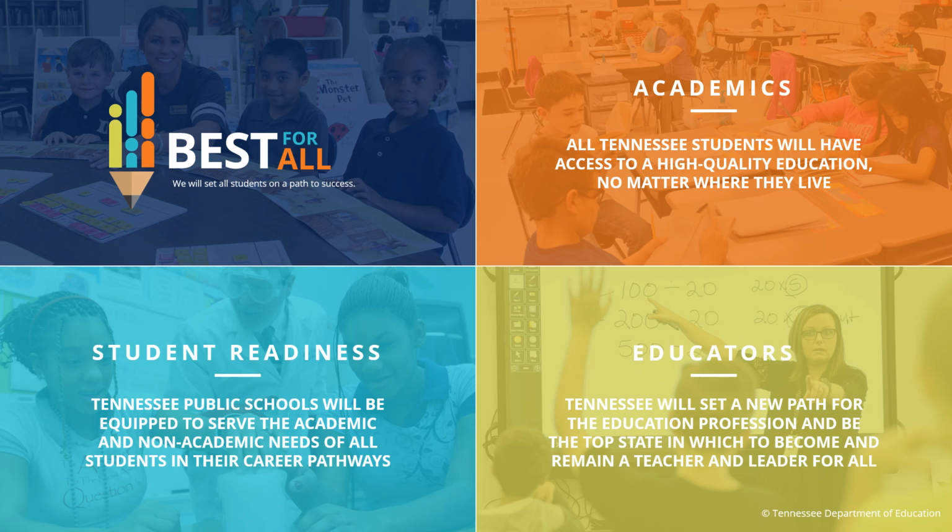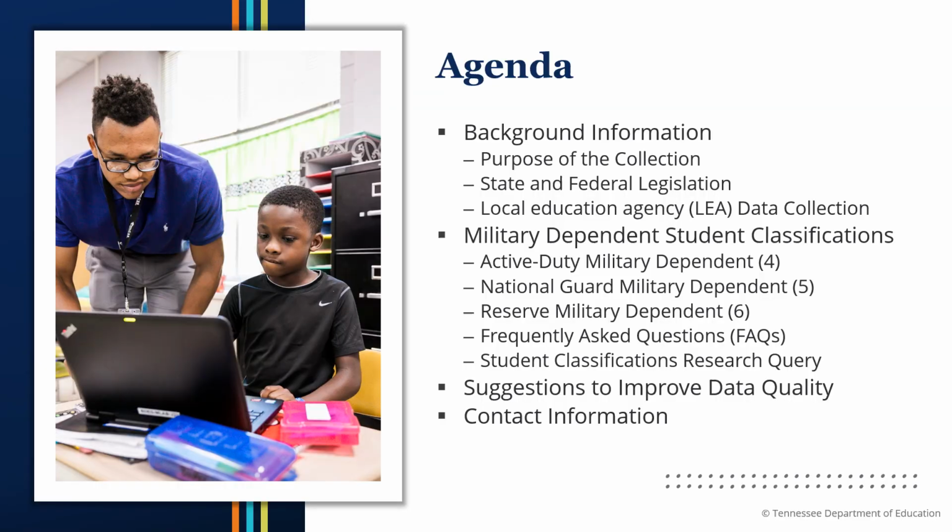As you know, our work is grounded in academics, student readiness, and educators. Our agenda today will begin with background information. Next, we'll turn to the military dependent student classifications, and they will be the bulk of our discussion this session.